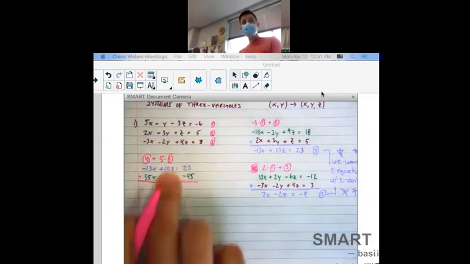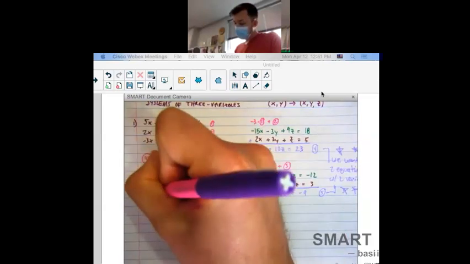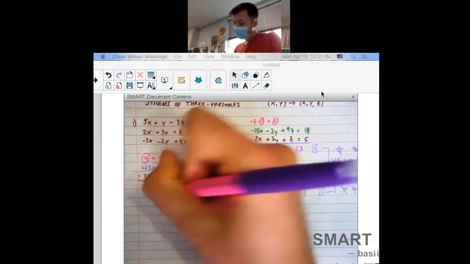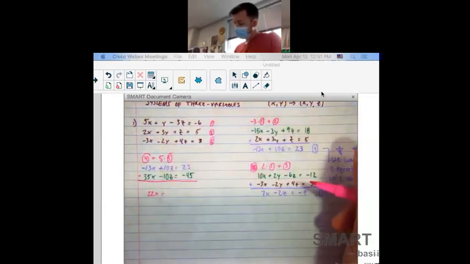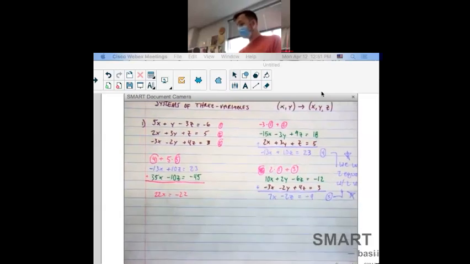See, our z's are going to cancel. So negative 13 plus 35 is 22 x's. 23 minus 45 is negative 22, which is really good because that's going to divide out evenly.